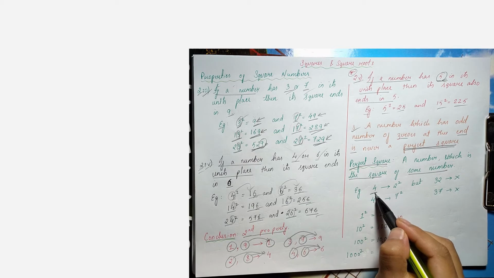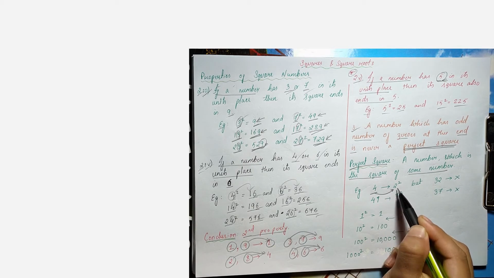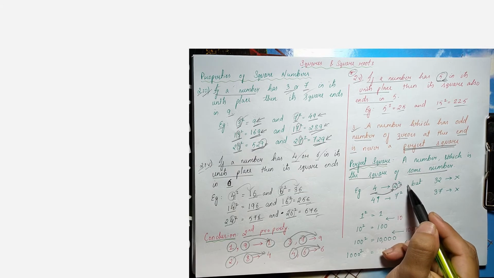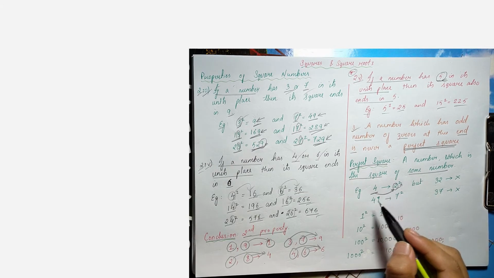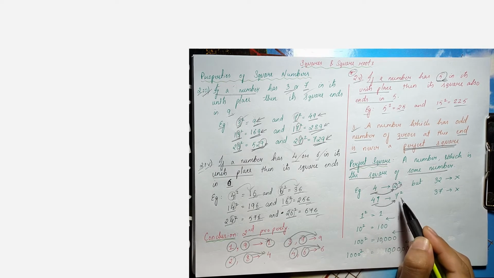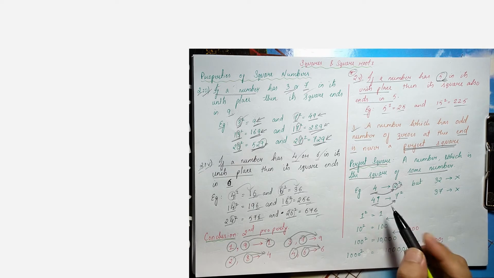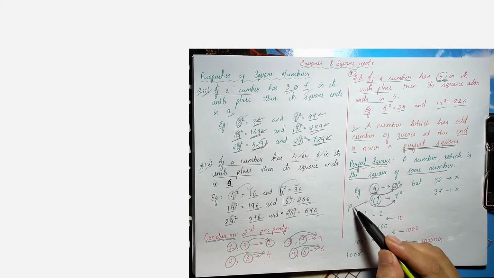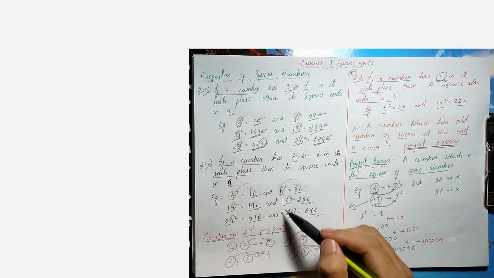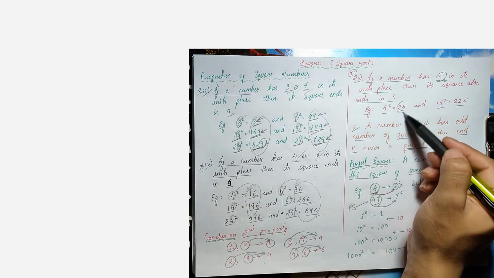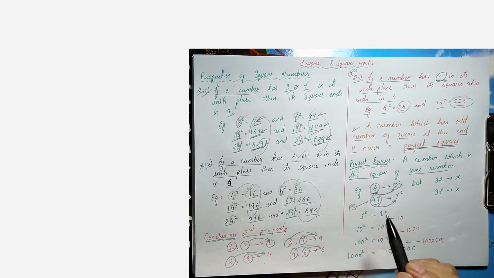We know that 4 is the square of 2, because 2 into 2 is 4. Similarly 49 is 7 squared, as 7 into 7 is 49. So these numbers are called perfect squares.